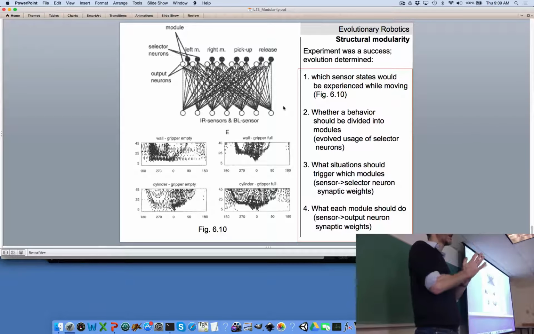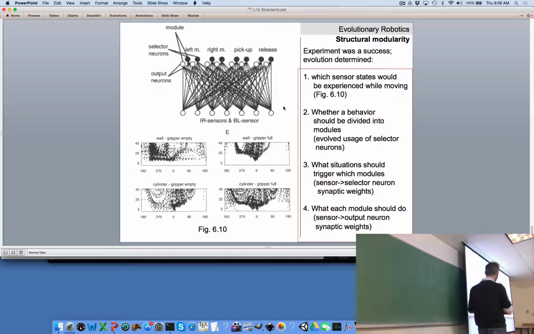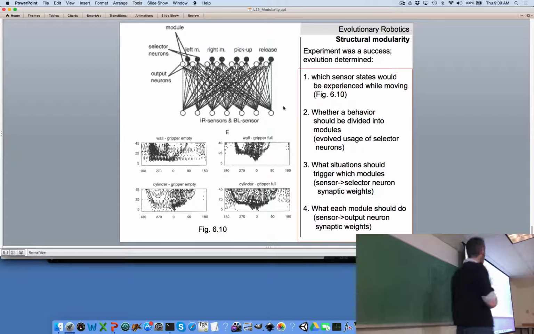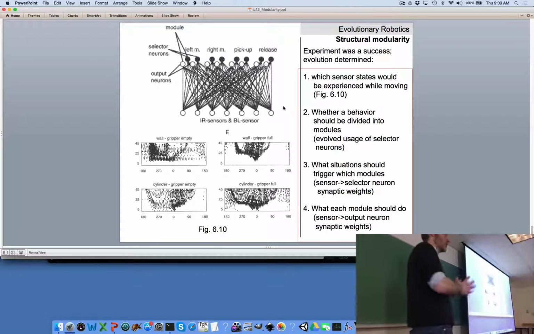But as we saw, at least for the one evolved controller, it's not clear exactly how it's doing that, but it does do that. And then when a particular module is in charge of one of the motors, the sensor to output neuron synapses dictate what the robot tends to do when it's in that state.